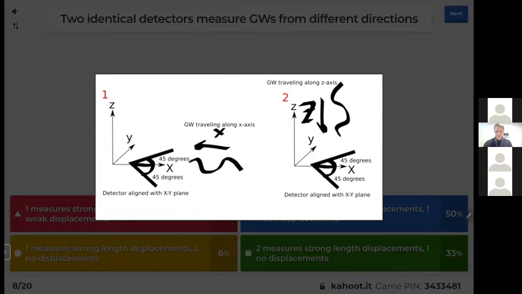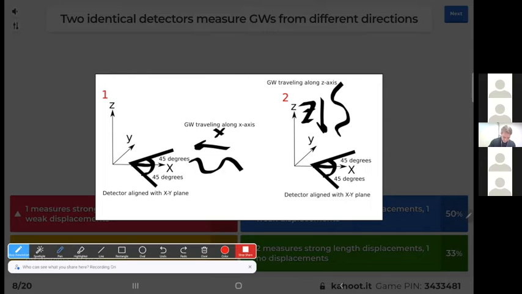Yep, go ahead. I think for the second instrument, if the polarization is in the X direction, then one beam will have contraction and the other beam will not, and then the interference will see decoherence.